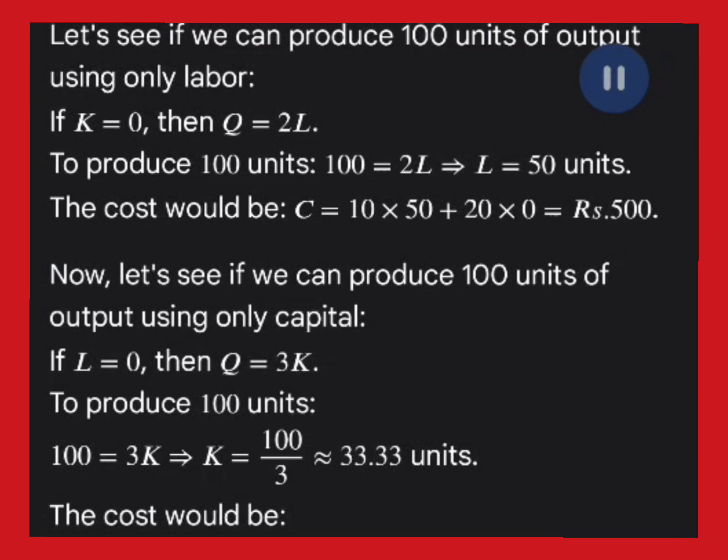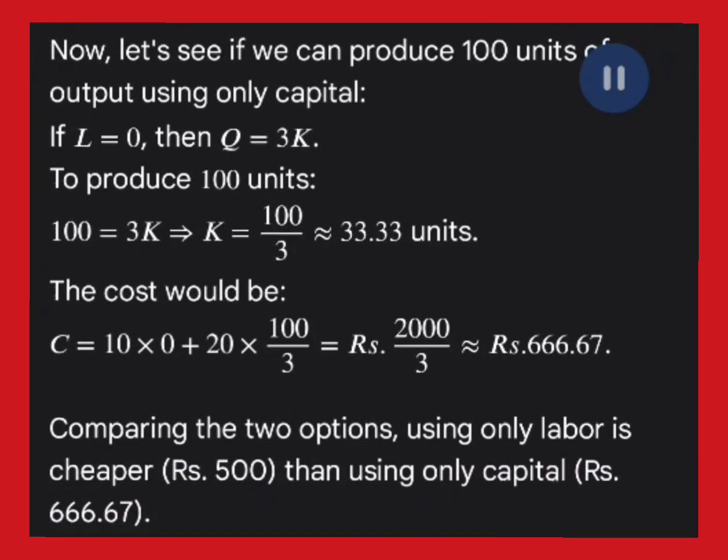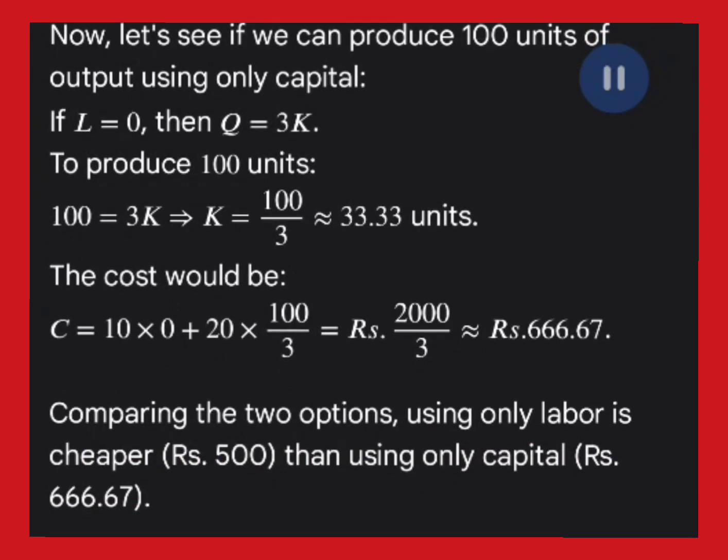Now let's see if we can produce 100 units of output using only capital. If L = 0, then Q = 3K. To produce 100 units, 100 = 3K, so K = 100/3, approximately 33.33 units.